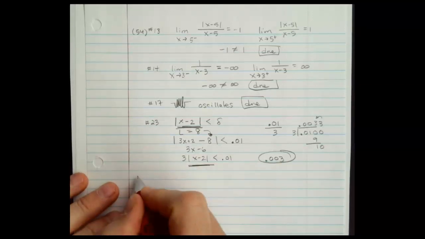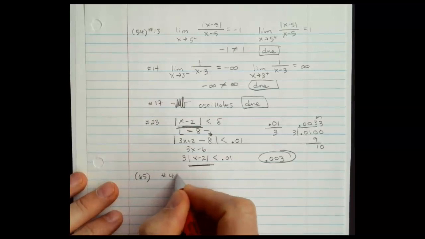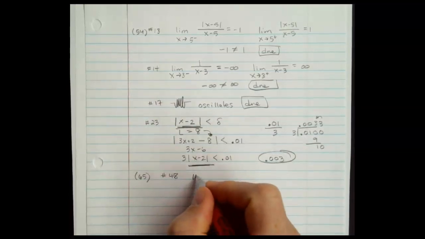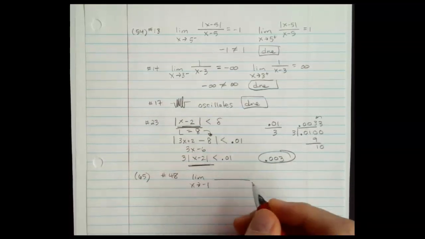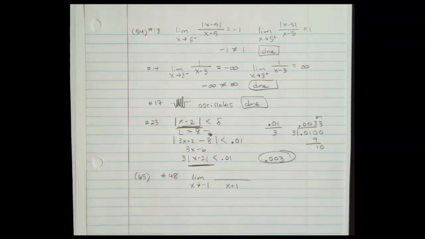So now I'm going to go to page 65 and look at number 48. That was asking for the limit as x approaches -1 of x cubed plus 1 over x plus 1.